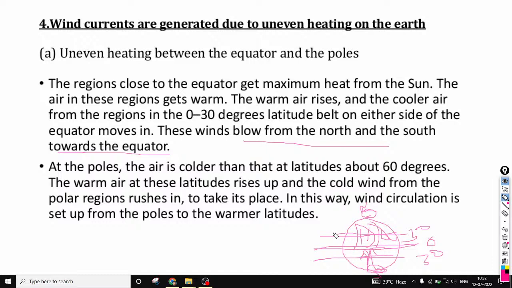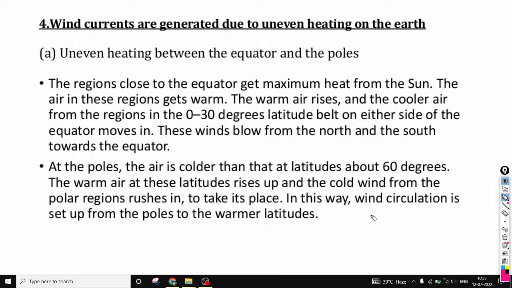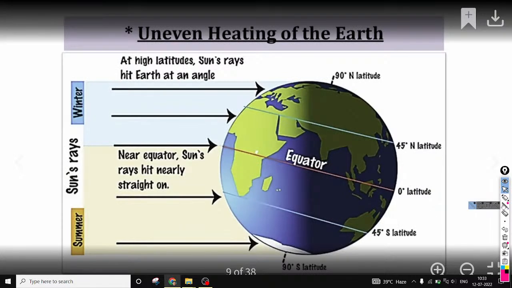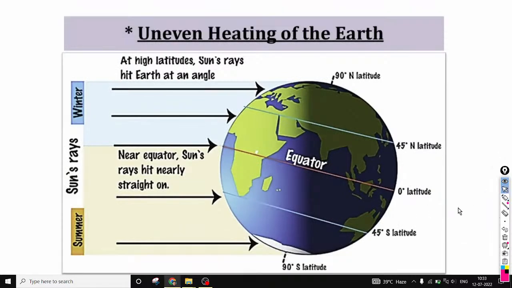So wind currents are generated. Why are these wind currents generated? Due to the uneven heating by the sun. This is a very, very important point. You can see by this diagram how and why I'm saying that.